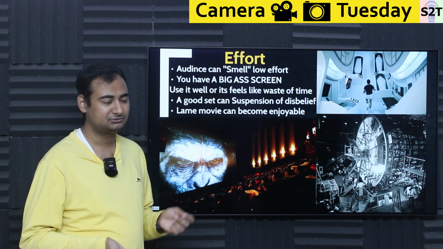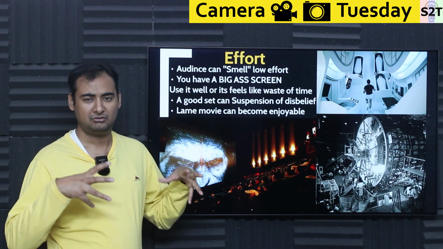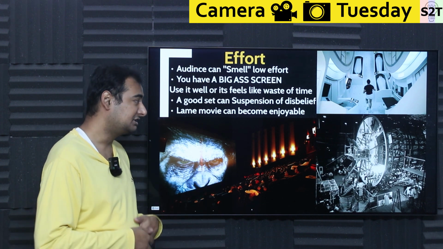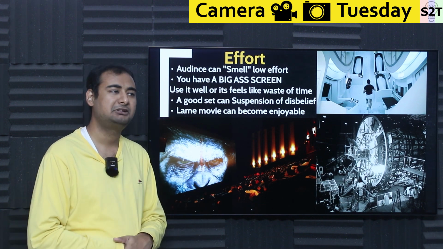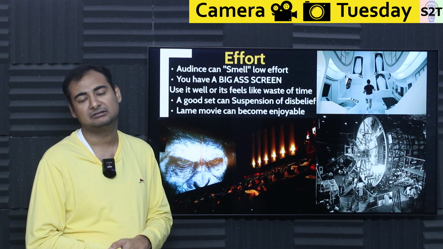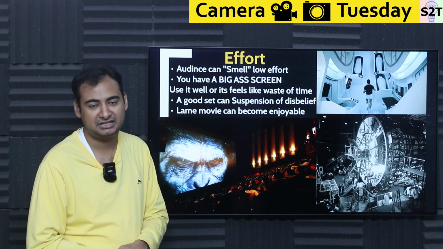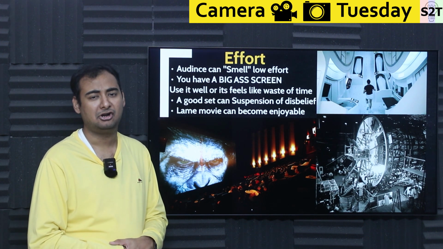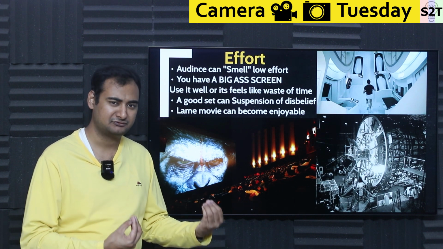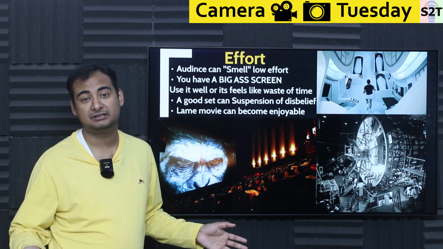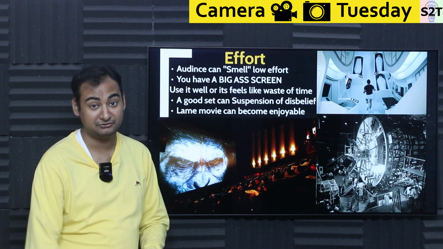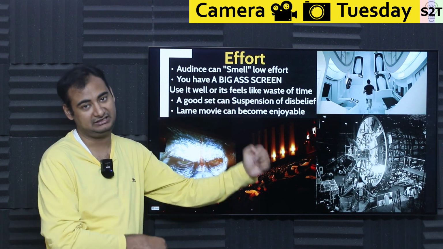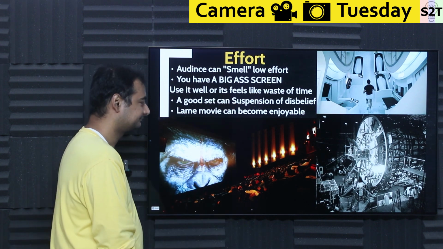In that way, you can create a lame movie, like this movie Oblivion, that could still become enjoyable. People will say, you know what, I enjoy it. Flat out, realistically speaking, neither Titanic nor Avatar are deep, culturally impactful movies, but both made a boatload of money and people enjoyed them in droves. So why? Effort was too goddamn high.